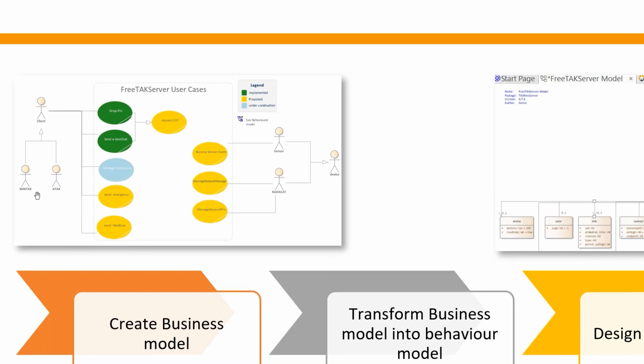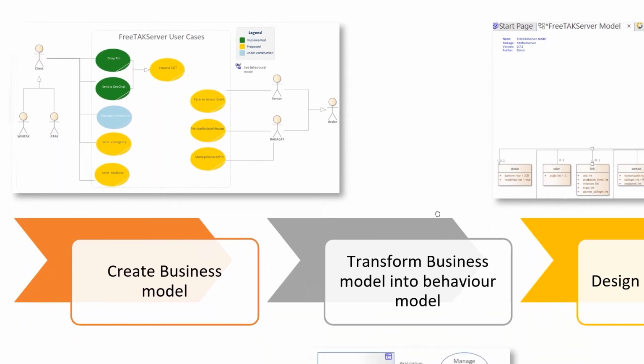As you can see, the WinTAK and ATAK clients can interact with the server in a variety of different ways, be it dropping a ping, sending a geo chat, connecting, disconnecting, sending an emergency, sending a medevac. I could go on, but I won't.